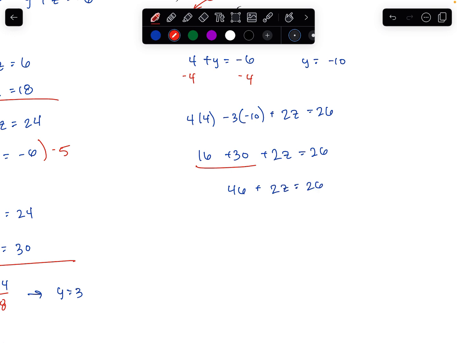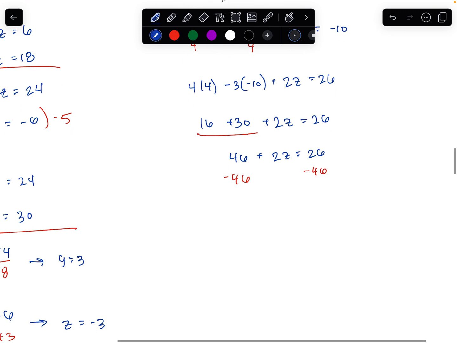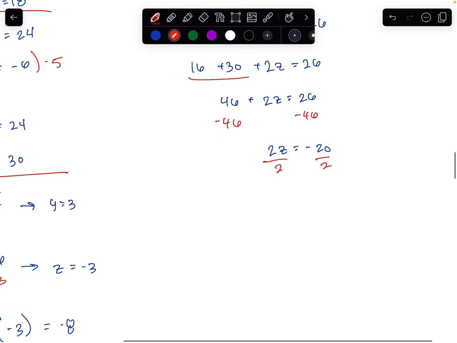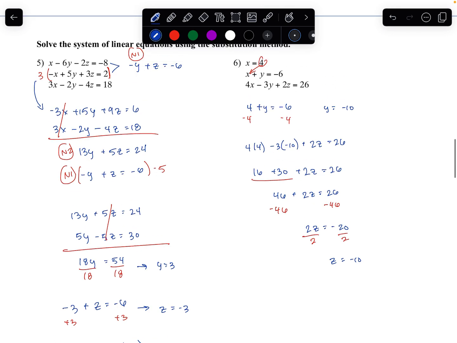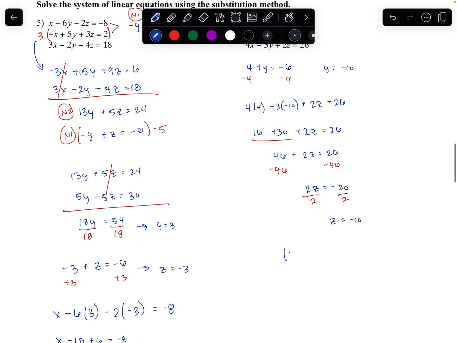And then I can subtract 46. 2z is equal to negative 20. Divide by 2. And I get z is equal to negative 10 as well. So my solution is 4, negative 10, negative 10.